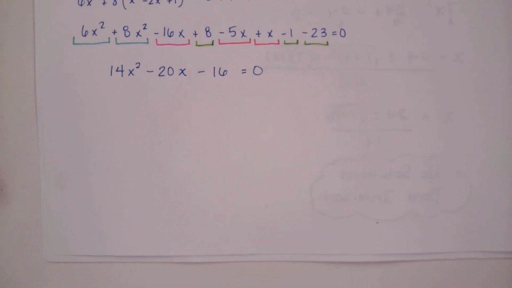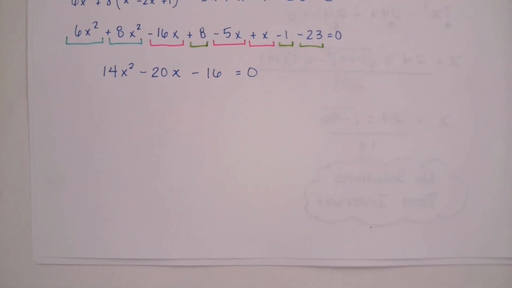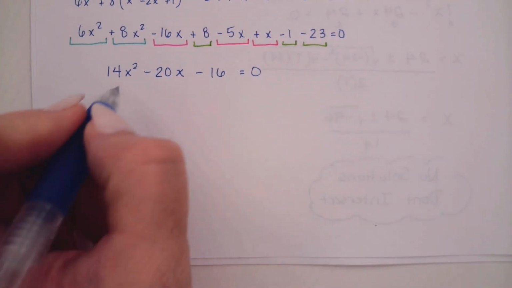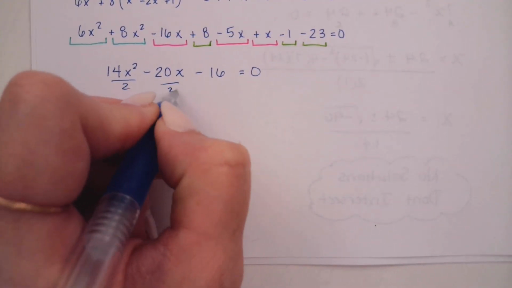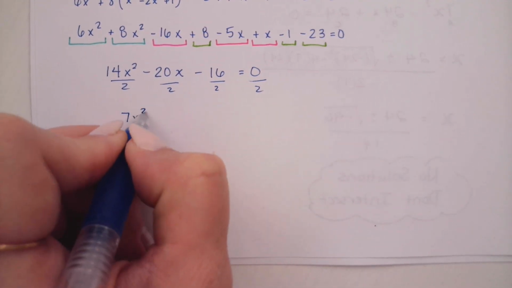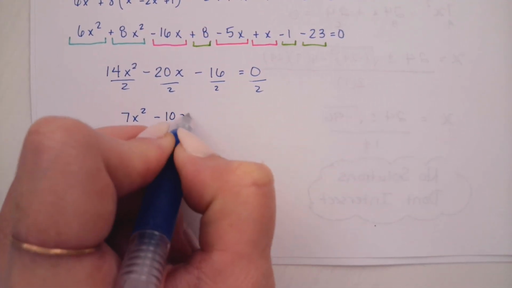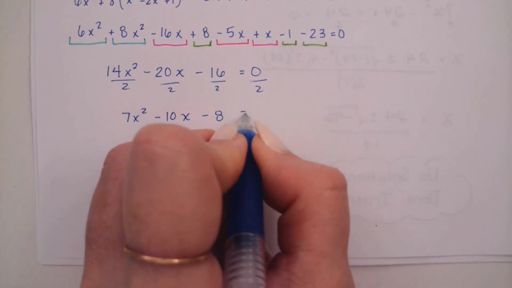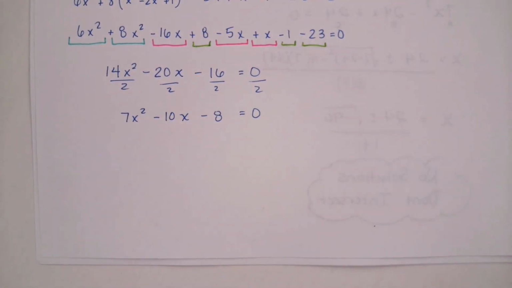All right. Looking at that, I can make those numbers smaller if I divide everything by what? 2. Okay. This one, believe it or not, is factorable.